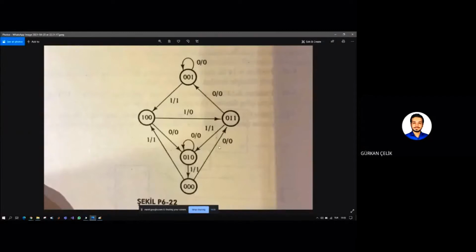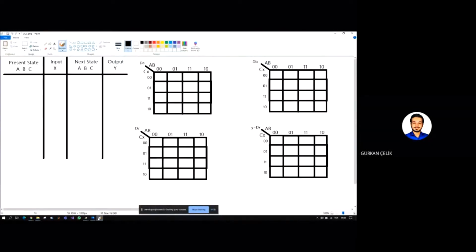But with the arrows you also see one input and one output, so we need to take these inputs and outputs into account while using Karnaugh maps. For this example I named the flip-flops A, B, and C. The input is named X, the next state is also A, B, C, and the output is named Y.